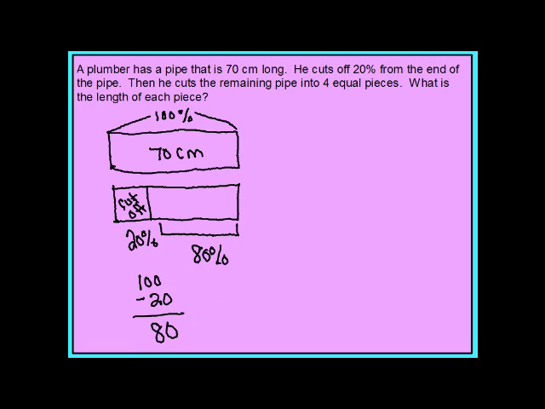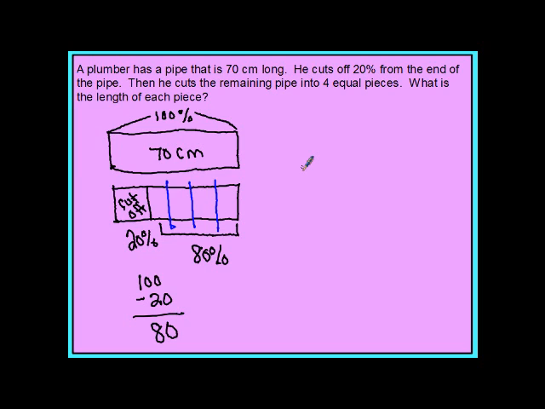And finally, the problem tells me that he took the remaining pipe and cut it into 4 equal pieces. So I'm going to show that this is cut into 4 pieces here. And what I need to determine is how many centimeters each of these pieces are.